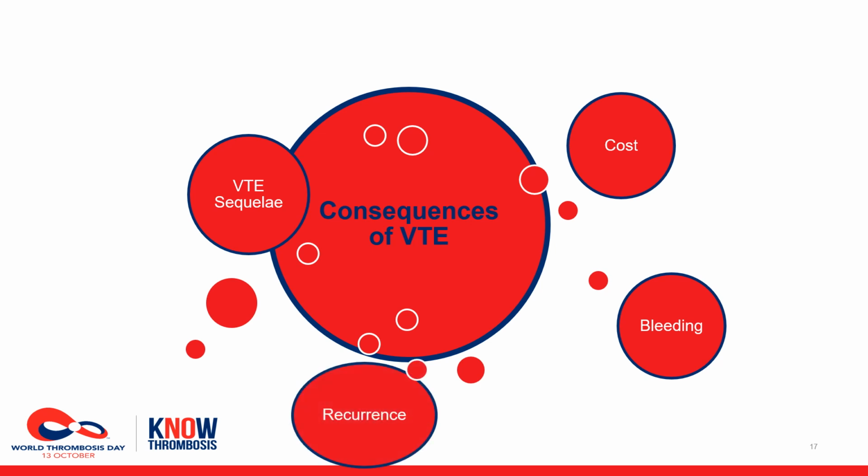So VTE can also have high recurrence rates. Recurrence rates at 5 years after stopping anticoagulation range anywhere from 3% to 45%, depending on patient risk factors.